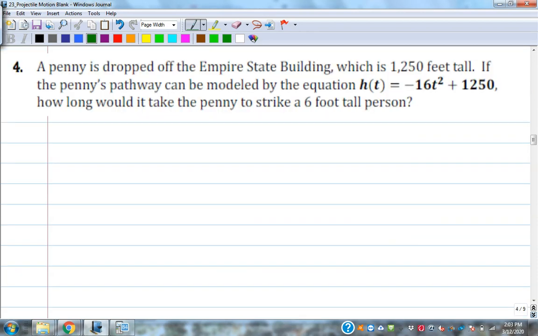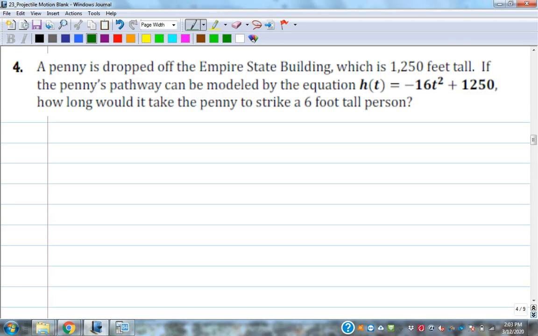Number 4, look at that one. A penny dropped off the Empire State Building, which is 1,250 feet tall. The penny's pathway can be modeled by this equation. How long would it take the penny to strike a 6-foot tall person? No. We're trying to find when it hits a 6-foot tall person.